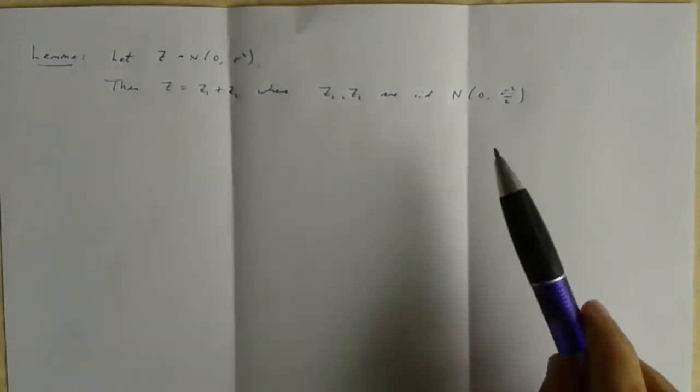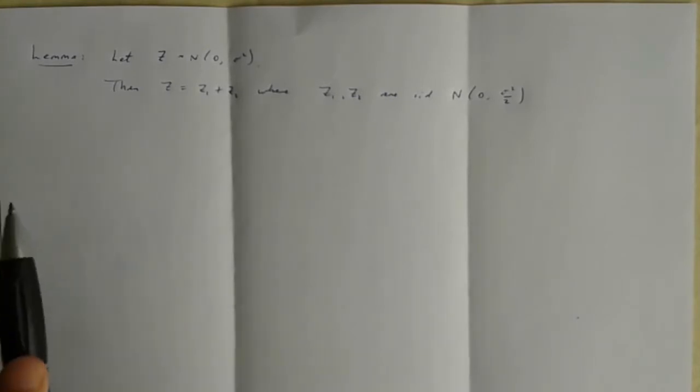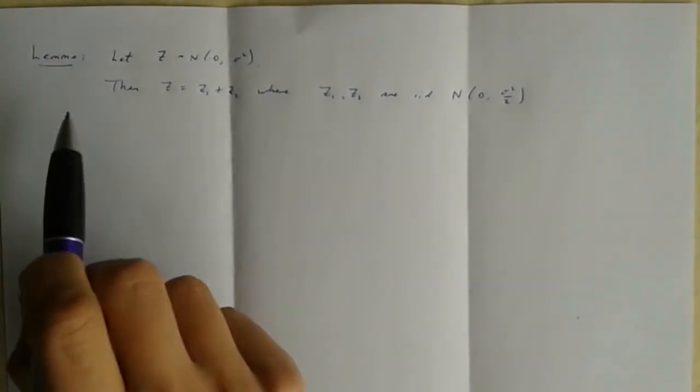You're probably familiar with the fact that if you started with Z1 and Z2, knowing they were independent and each had mean 0 and variance sigma squared over 2, then if you add them together, you'll get something which is normally distributed with mean 0 and variance sigma squared. We use that quite often. Here we're going the other way. We're starting with the Z and splitting it up into a Z1 plus Z2.